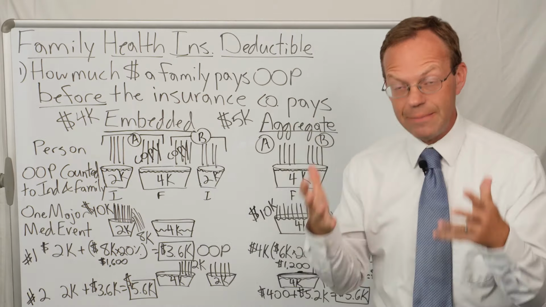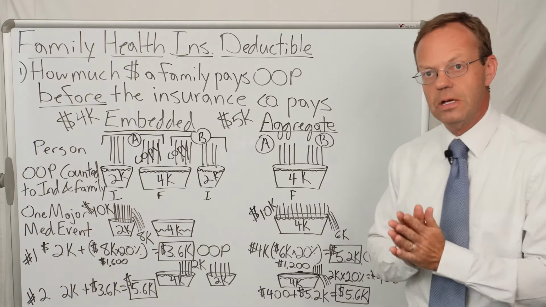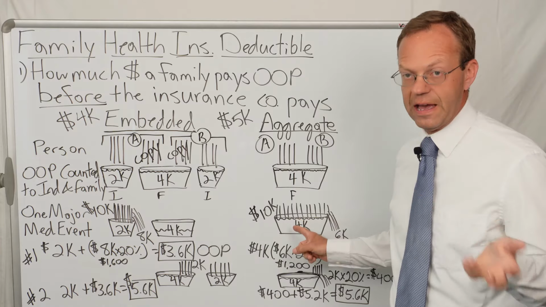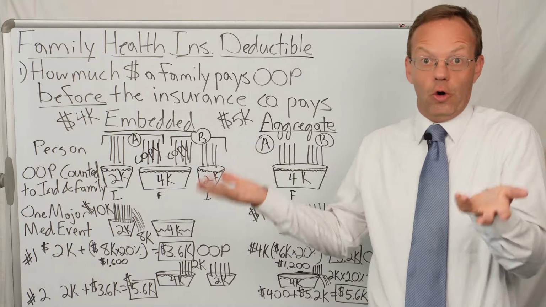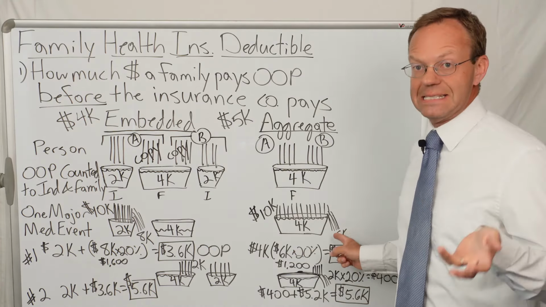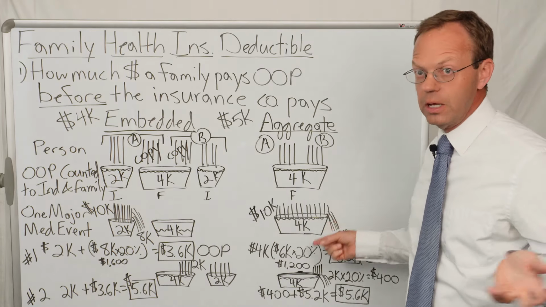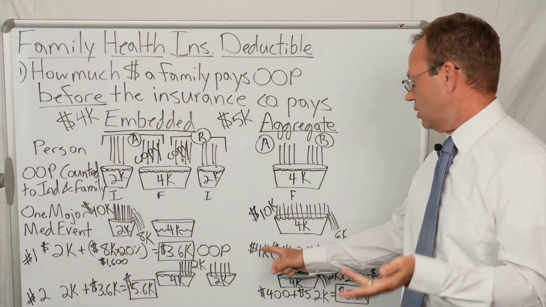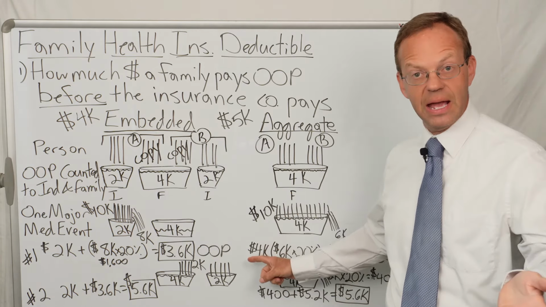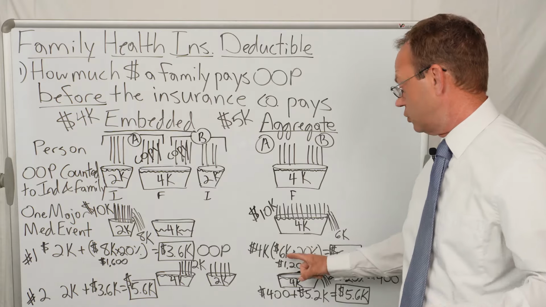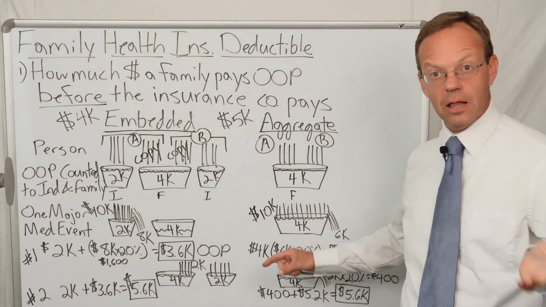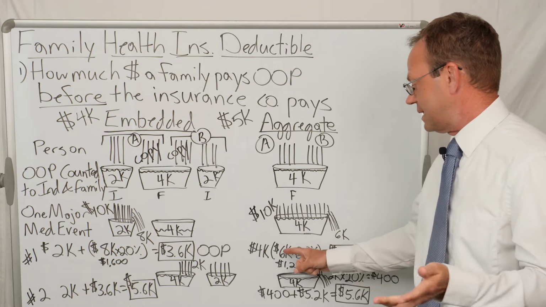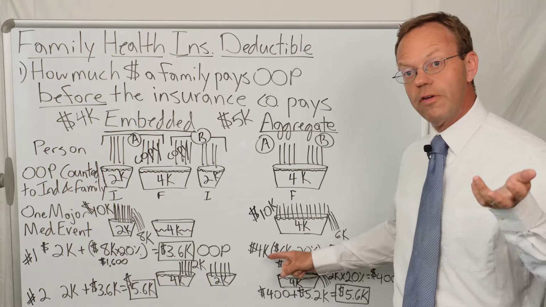Now let's use that same example for an aggregate deductible. In this case, all $10,000 flows into the family $4,000 aggregate deductible. Again, it overflows. This time you have $6,000 that has overflowed the family aggregate deductible. To determine the out-of-pocket cost, you take the $4,000 that the person had to pay in their deductible and add the overflow coinsurance, because you pay coinsurance on that $6,000. $6,000 times 20% is $1,200.